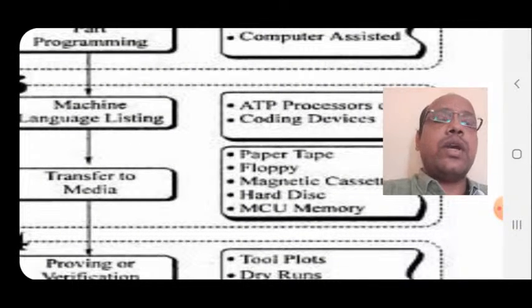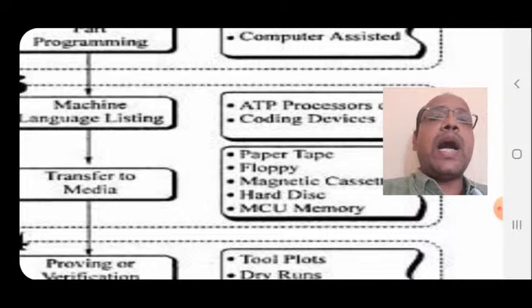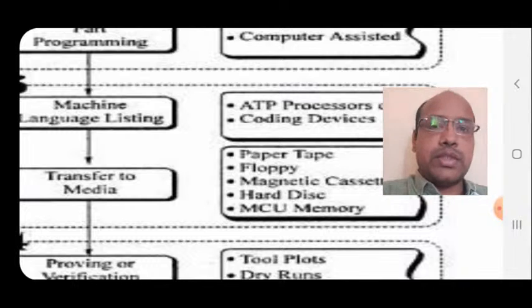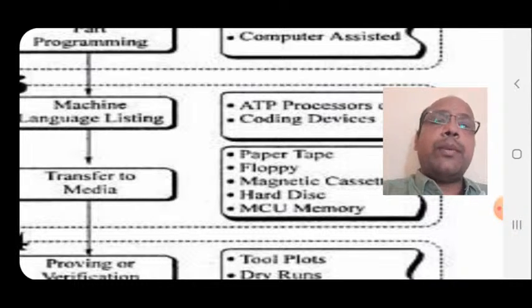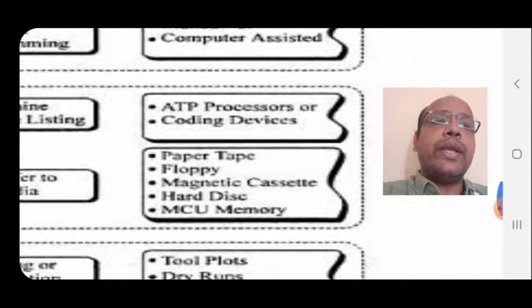Tape preparation means we are going to code a part program on different tapes. For that purpose we need different machine languages which are used to code a part program on the tape. So it may require coding devices. Then transfer to a media.